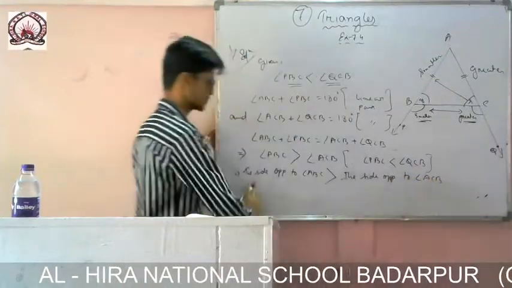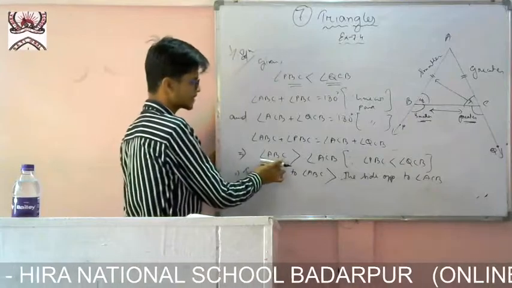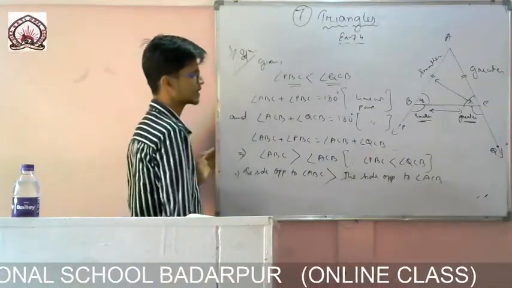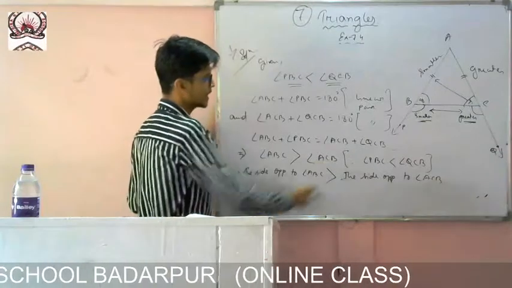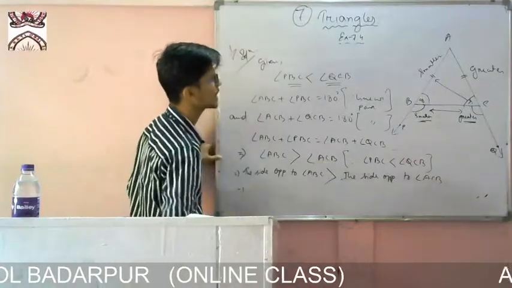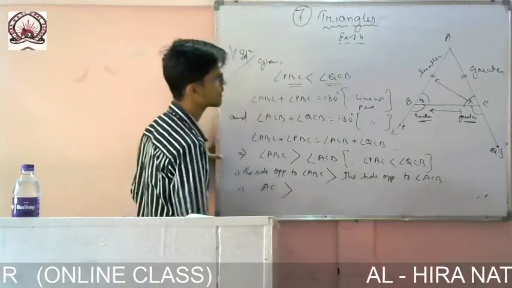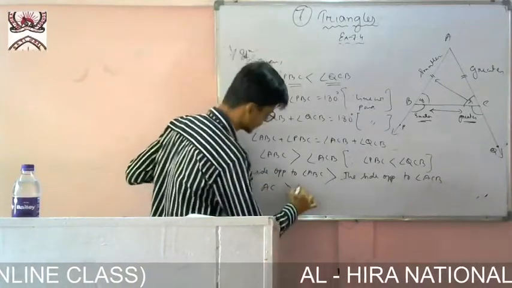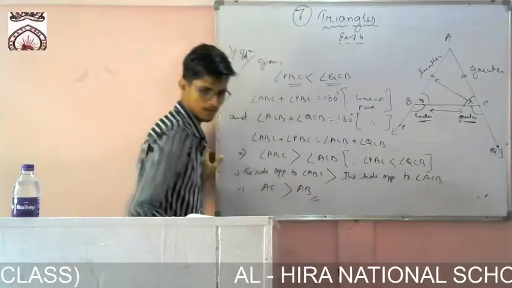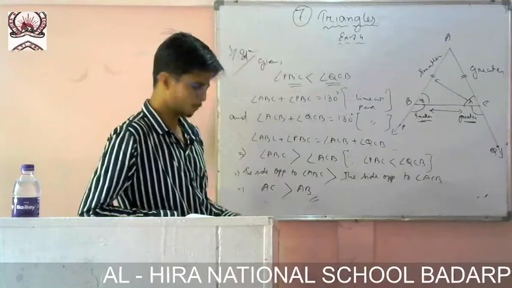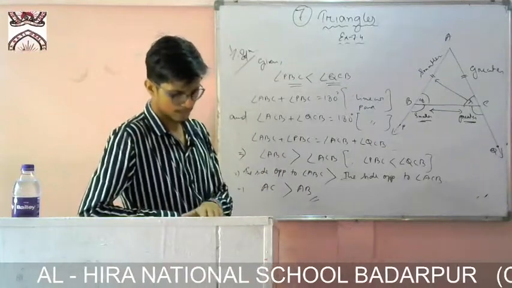Just I have written it in a line, okay. Angle ABC is greater, so the side opposite to angle ABC will be greater than the side opposite to angle ACB. The side opposite to angle ABC is AC, so AC is greater than the side opposite to angle ACB, which is AB. So AC is greater than AB, and the question is to prove that AC is greater than AB. So hence proved, you can write hence showed, sorry, here it is given to show.